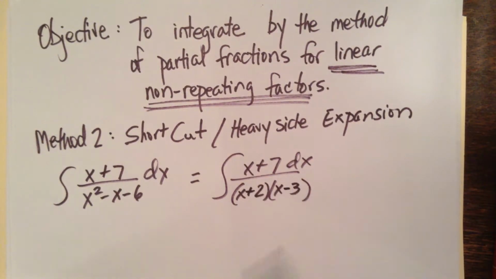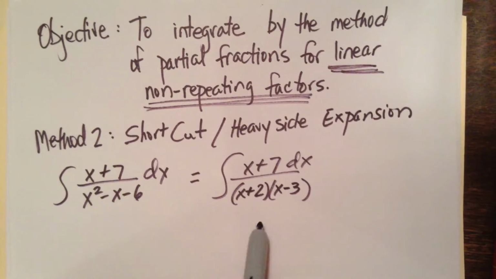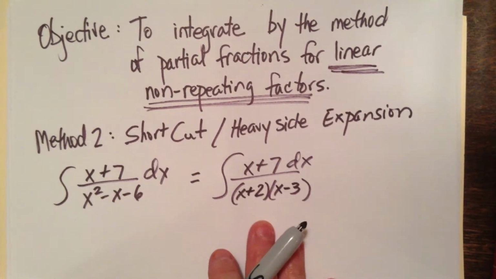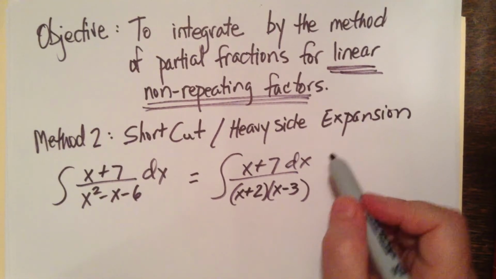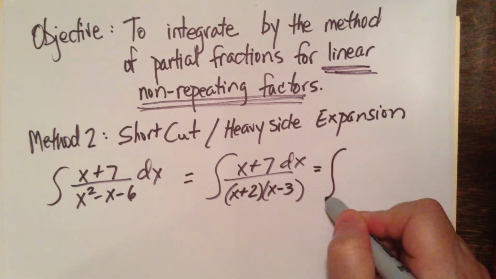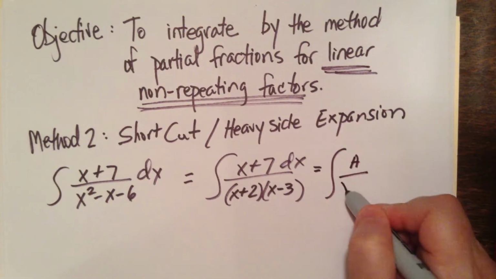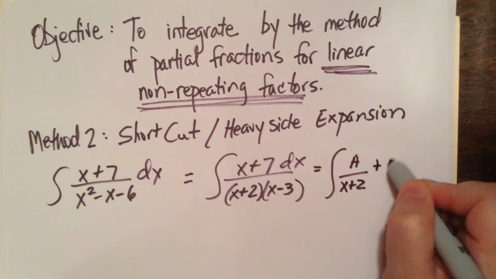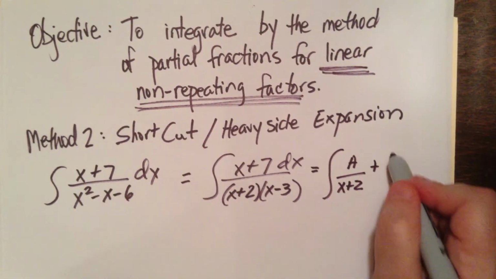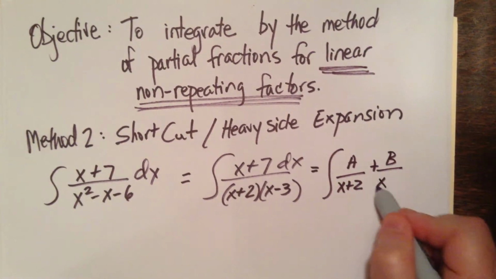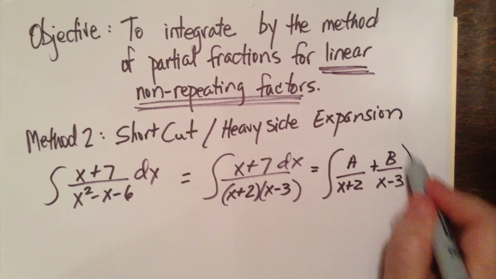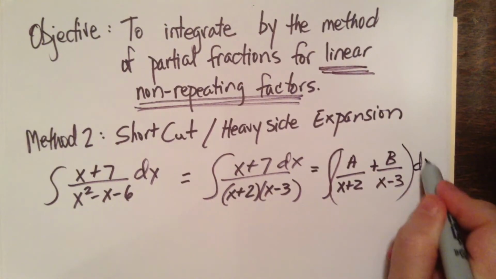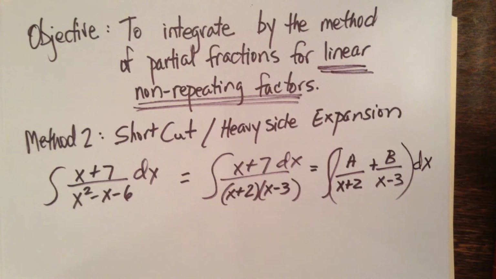This was a plus and this was a minus. So these are equivalent. And what we tried to do with partial fractions was think about what are two fractions that when added together would give me the original problem. This is what we started off with.